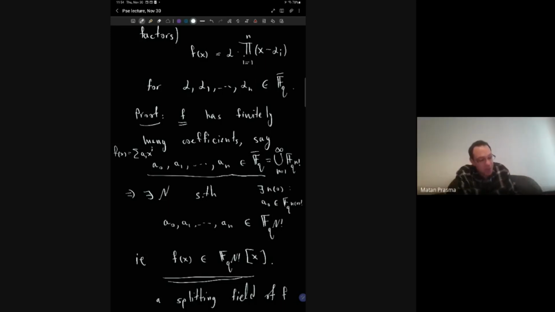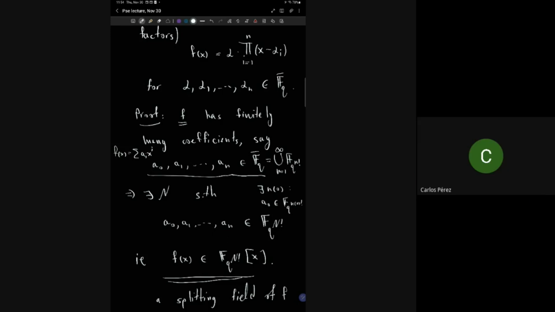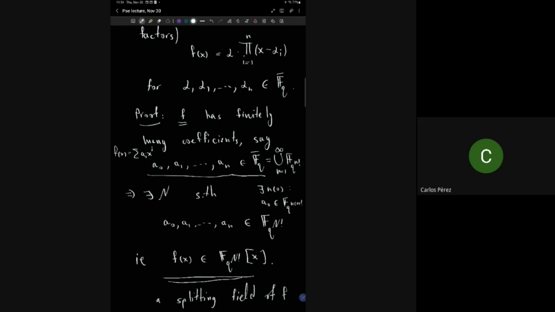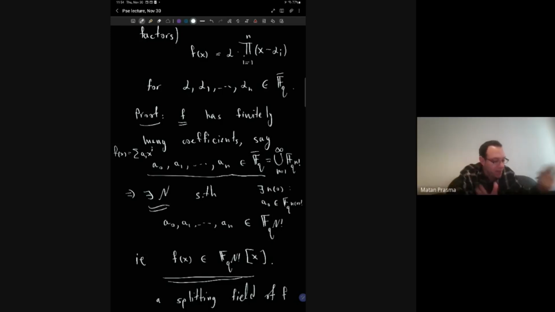Okay, and the same goes for the rest of the coefficients. All of them will belong to some finite stage of the tower. Sure, yeah. Once all of them are in a particular floor of the tower, you can get the maximum floor, which will be finite and not infinite anymore. Exactly. There will be some n.